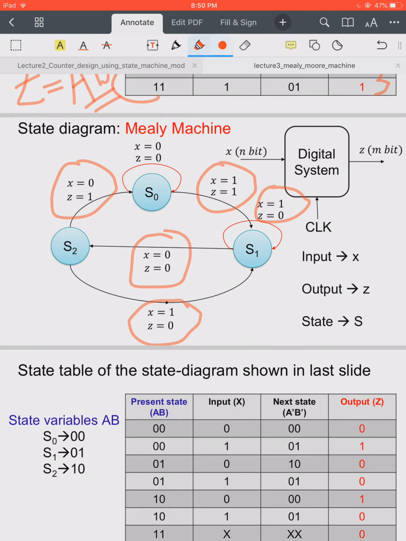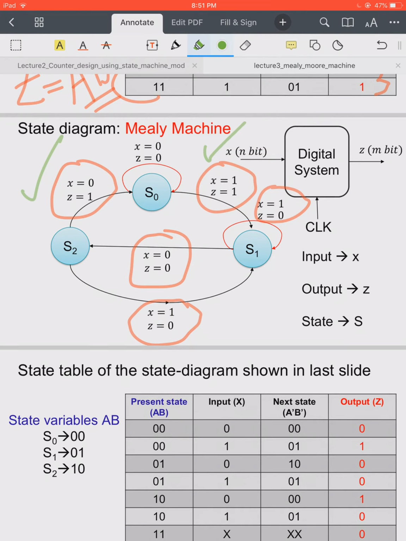Okay, so here you can see that there are two possible ways the output can be 1. Output can be 1 when your circuit is in S2 and your input is X equal to 0, and then it will go to the 0 state and give output Z equal to 1. This is one case, and here is another case where the output could be 1.